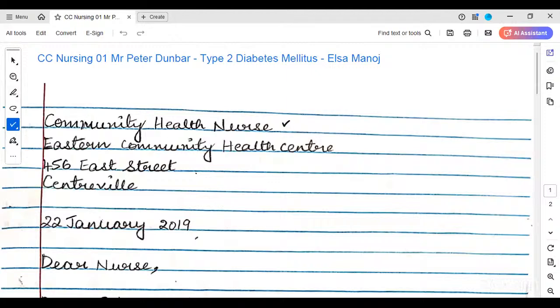Community Health Nurse, Eastern Community Health Center, 456 East Street, Center Village. So 4 lines. Let us check. So the address is here in the writing task. All the 4 lines are mentioned here clearly.